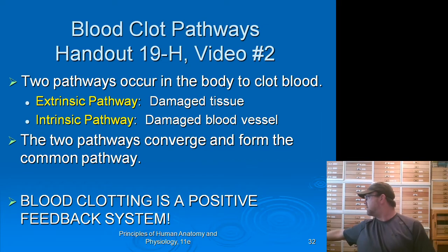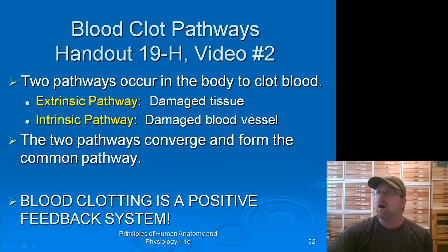Now, let's get to this handout and talk specifically about what is going on with these pathways. So we have the extrinsic, intrinsic, and then common pathway for blood clotting. Now, what I'm going to do is I'm going to be kind of splitting these up, and we'll talk about each of these one at a time.